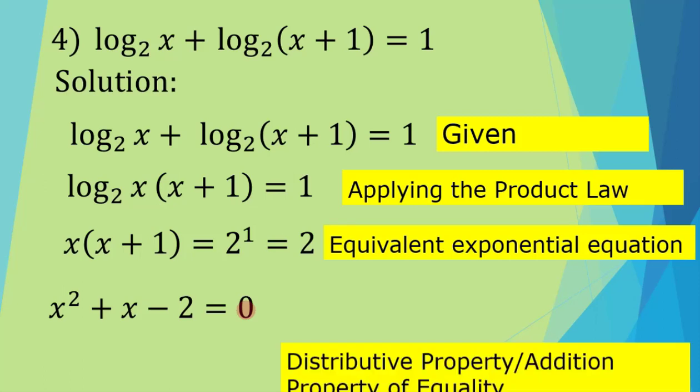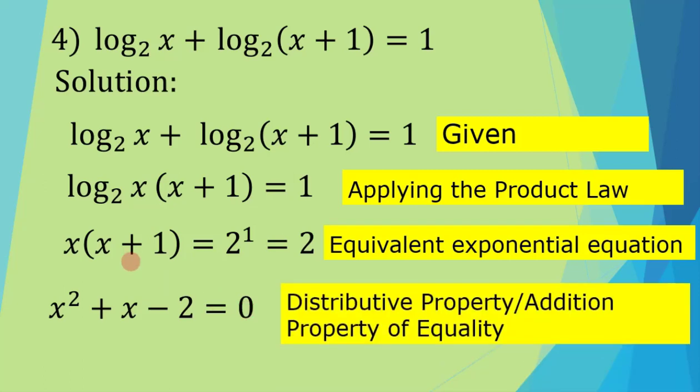Then we have to make this side 0 by applying the distributive property and the addition property of equality. Let's do that. X times x is x squared. X times positive 1 is plus x. Then we add negative 2 to both sides, that is the addition property of equality.